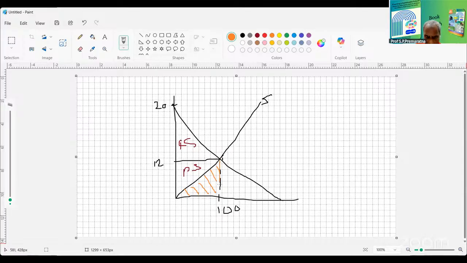This is the area we call the total cost to producers. If we measure it straightforwardly, 12 multiplied by 100 is $600 million. That is the cost. Don't ignore this as a cost.